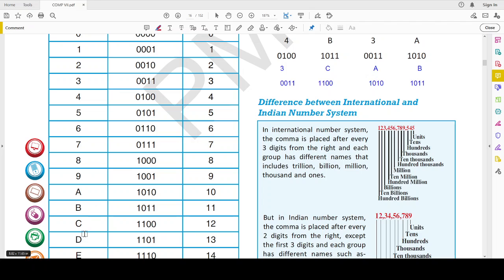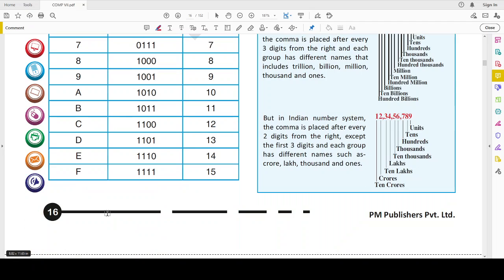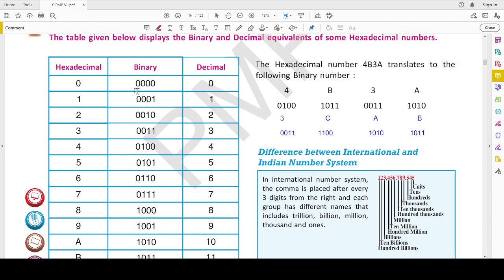For representing all the items, whatever number of bits is required, you have to take that. So for representing up to F, you need 4 bits, and you can represent any hexadecimal digit with 4 bits.